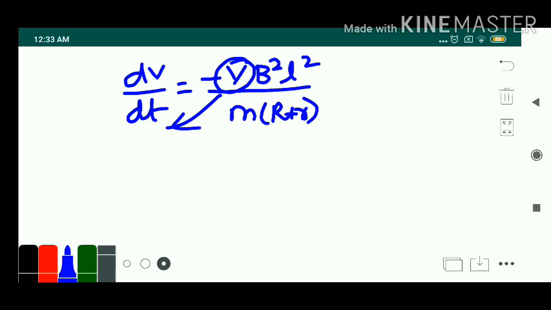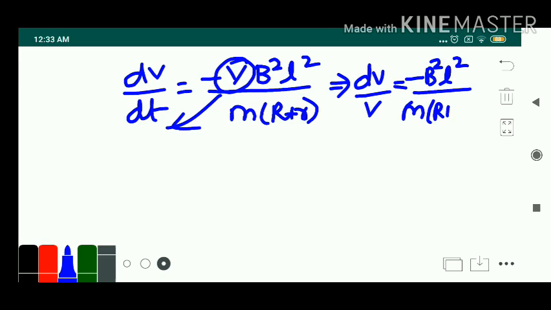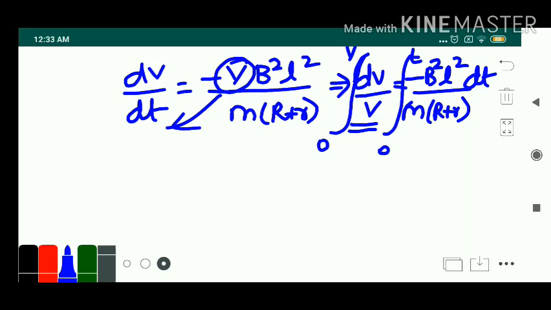So that becomes dv by v is equal to minus B squared L squared divided by m(R plus r), and dt goes up here. Simple. Now I am going to integrate, because I want to remove the dv term. So I have to integrate both these terms, right? dv from 0 to v, and this is from 0 to t. The initial velocity is 0, initial time is 0, maximum velocity is v, maximum time is t, right?